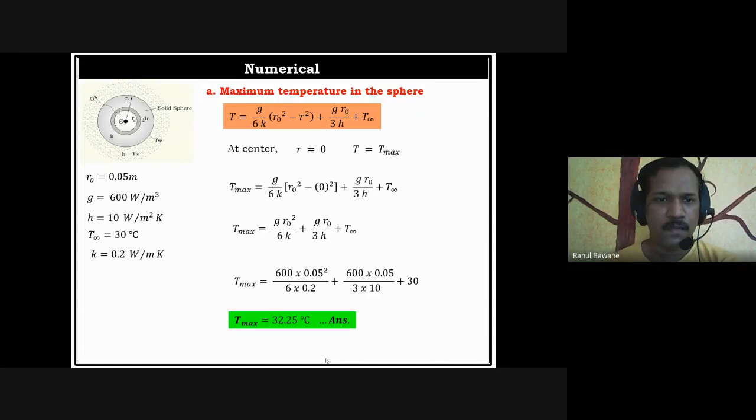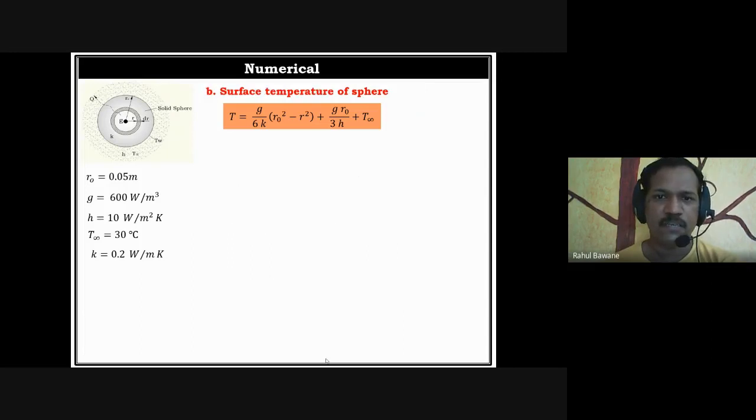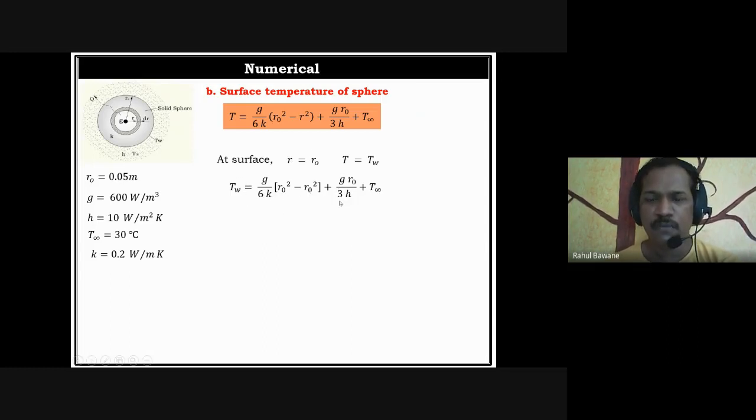Now T wall, definitely T wall must be lesser than T max. At the surface, we must apply the condition when r equals ro, then T becomes T wall. So replacing r by ro, it is ro square minus ro square, so this whole term becomes 0, plus G ro upon 3H plus T infinity.